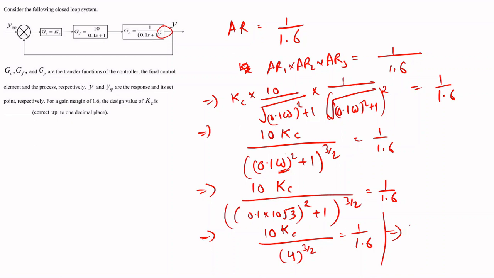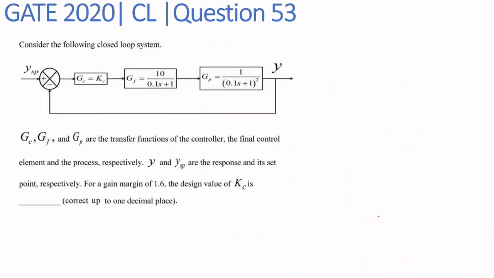So Kc will be 8 upon 10 into 1.6. So the final value of the controller gain is 8 upon 16, which is 1 by 2, that is 0.5. So for the gain margin of 1.6, the design value of Kc is 0.5, which is our final answer.